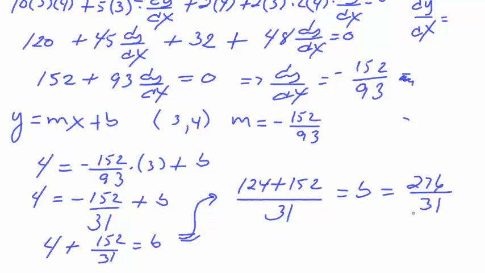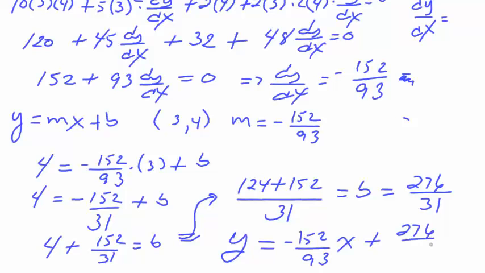Over 31. So we got some crazy numbers in this problem. So y is equal to, our slope here was negative 152 over 93x, and then our b ended up being 276 over 31.